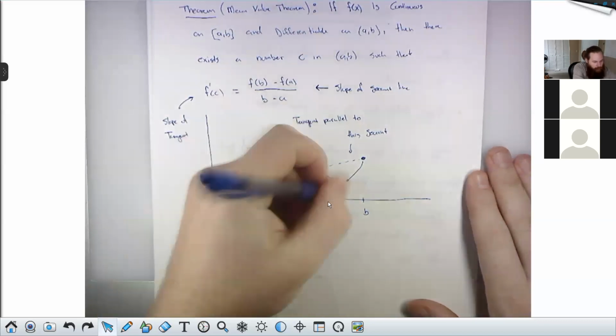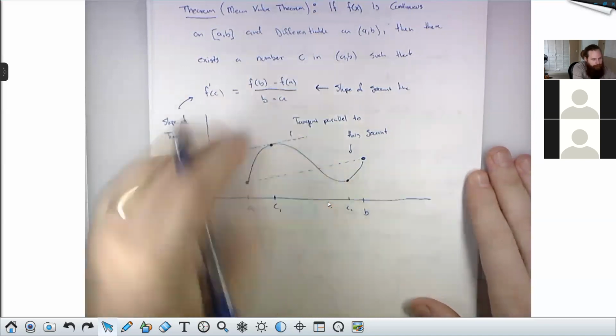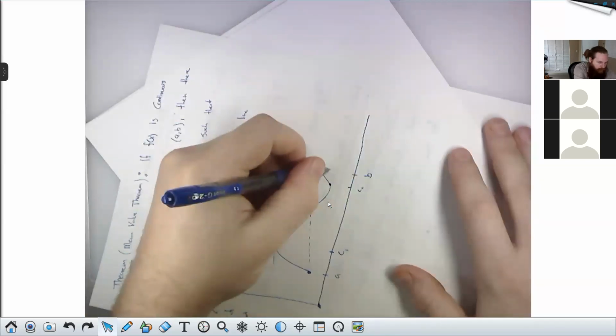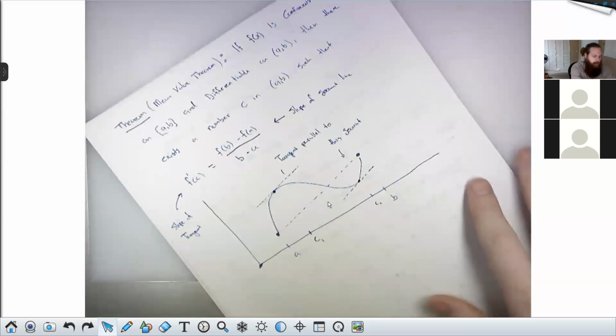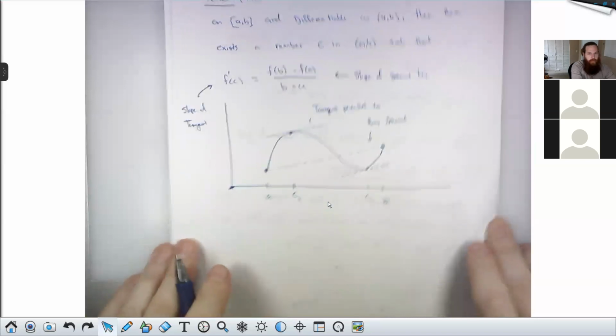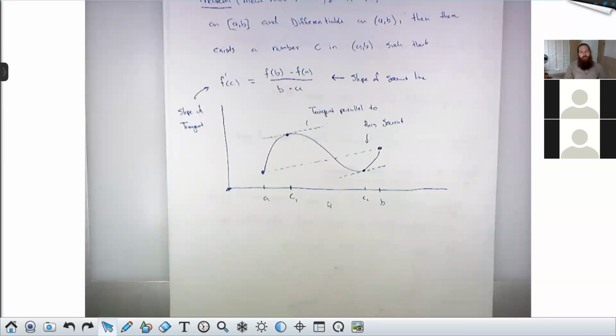So I'm going to call this c1, maybe this is c2, where you have another tangent line, which is parallel to that secant line. And no matter how you try to connect those dots with a smooth, continuous curve, this will happen. There's no way to connect the two dots here and here with a nice, smooth, continuous curve without there being at least one point where the tangent line is parallel to the secant line.